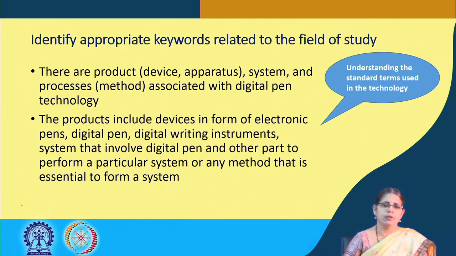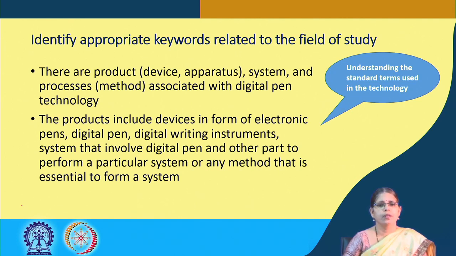In many terms, the area of digital pen has also inventions in relation to systems. That is, the interface itself is a part of the capture in relation to subject matter in relation to patents, which means that there is an apparatus and there is an environment in which the apparatus is used. So system claims are also possible in relation to the digital pen area.